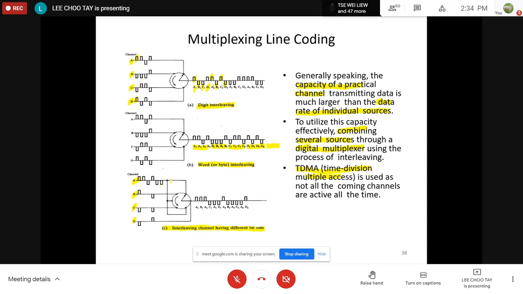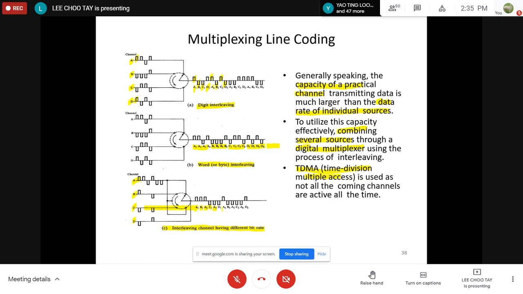So how this is done in this example is we send the first bit from A first, then followed by the first bit from B. Then we switch back to A and transmit the second bit from A. After that, only then we transmit the first bit from C. Then we switch back to A again to transmit the third bit.